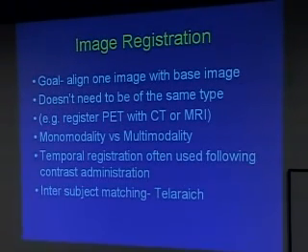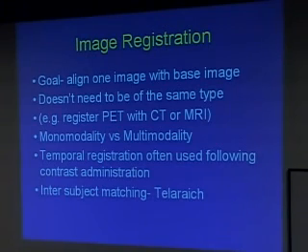Now, image registration. Another growing area for image processing in medical imaging. It's a temporal registration often used following contrast examination, or projection of one piece of information on another. We've seen some examples. It could be the same imaging modality, or different imaging modalities as well.